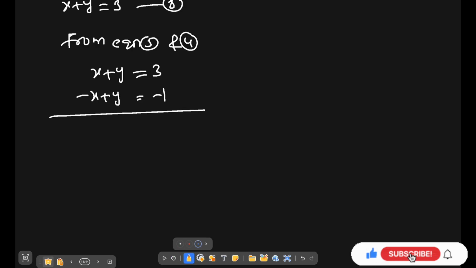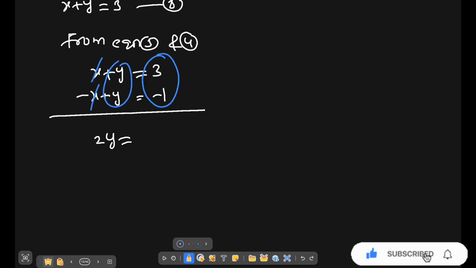So plus x minus x gets cancelled. Now y plus y is 2y. 2y is equal to, next 3 minus 1, which is 2. So send 2 to the right side, 2 by 2 is equal to 1. So y is equal to 1.